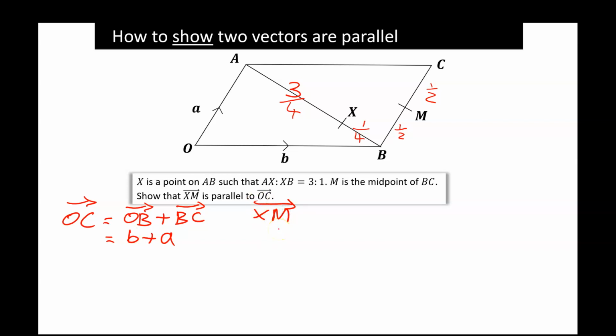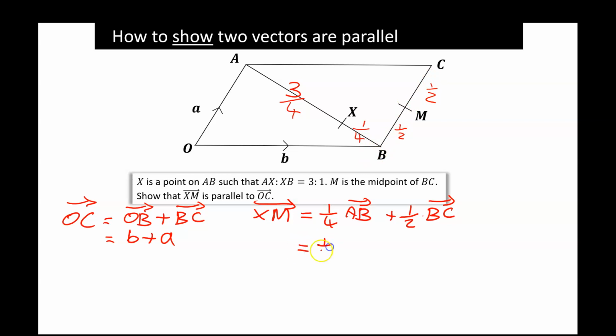XM, so from there to there. So basically we need to have 1/4 of AB, which we can work out, plus 1/2 of BC. So basically we want 1/4 of that one, the bottom quarter there, and then 1/2 of BC.